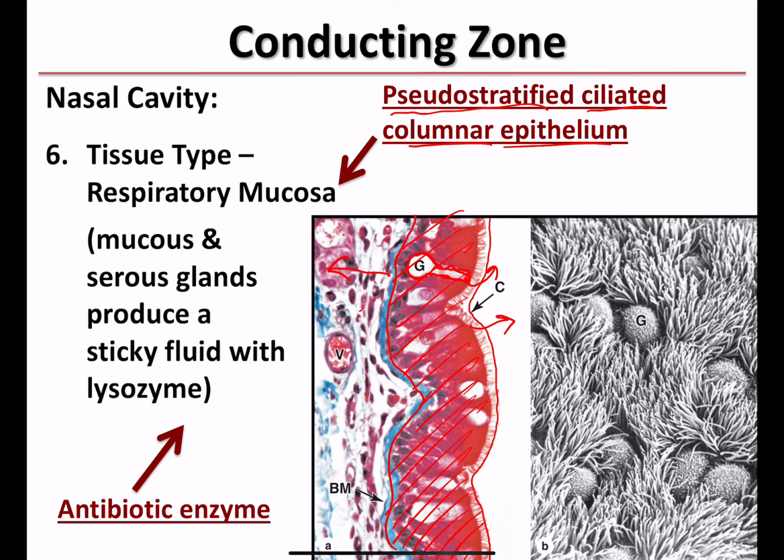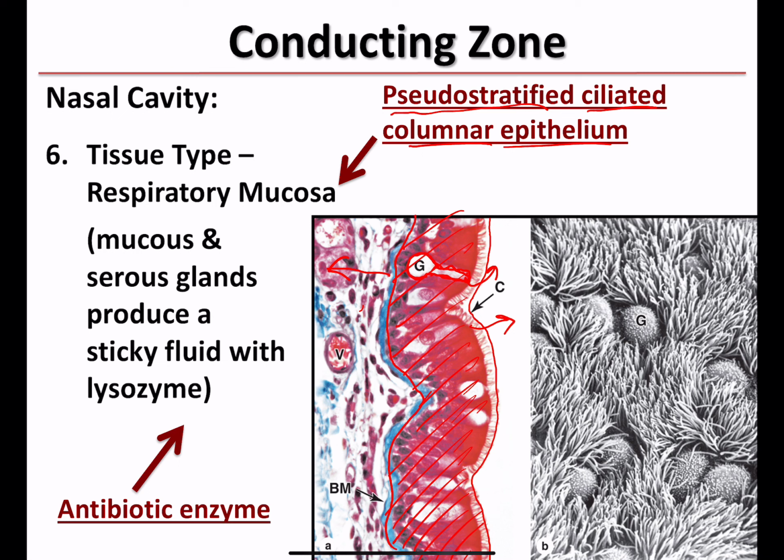So again, we have the cilia on the apical surface, and the purpose of that cilia is to move that mucus, which is constantly trapping these dirt particles. The direction in which the cilia move this mucus is back towards the back of the nasal cavity, so eventually it can be handed off to the nasal pharynx and eventually be pushed in the direction of our esophagus, which the entire pharynx ends up becoming continuous with inferiorly.